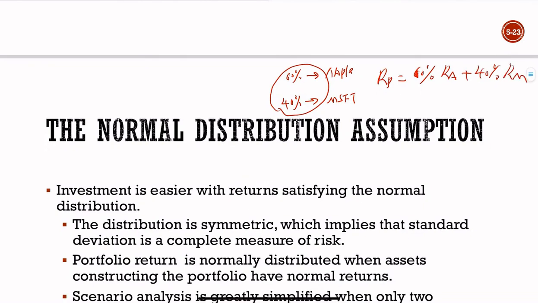And if Apple's return is normal, if Microsoft's return is normal, then the portfolio's return will be normally distributed, right?